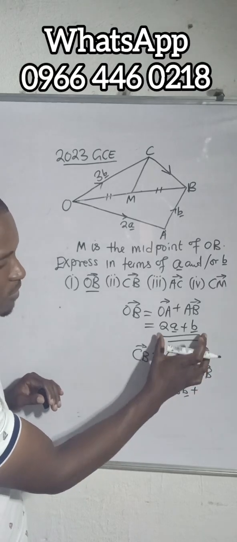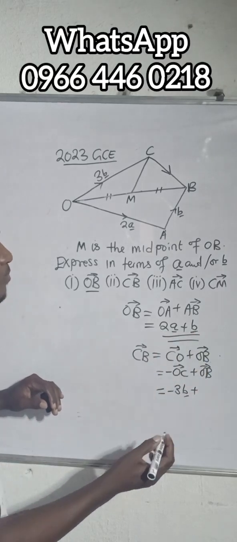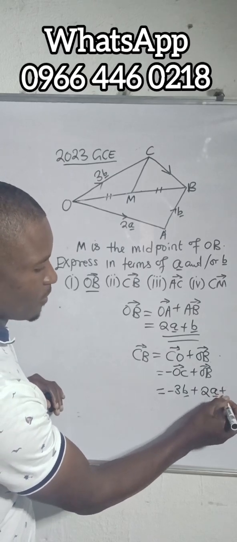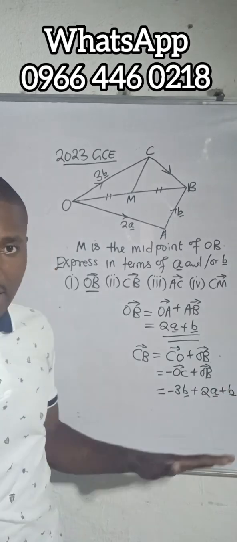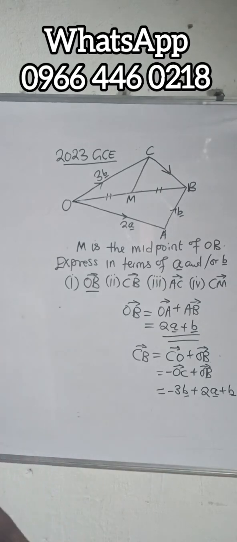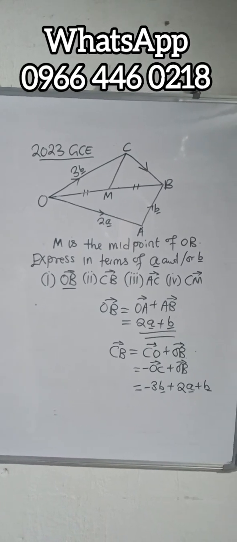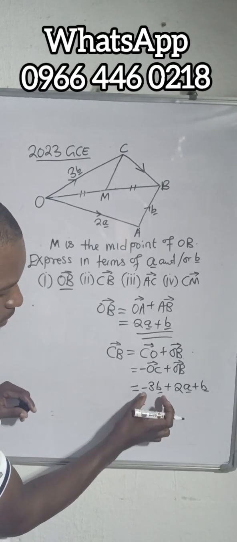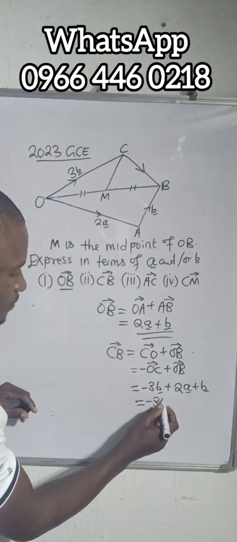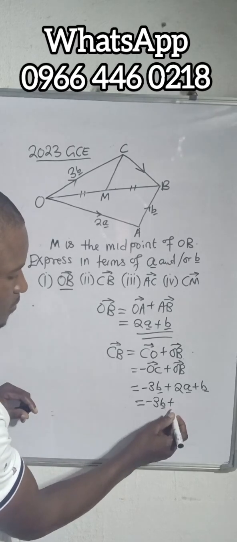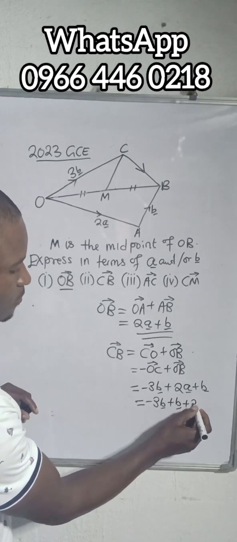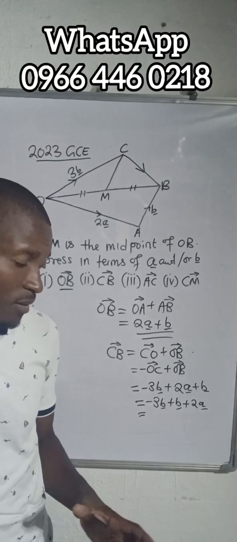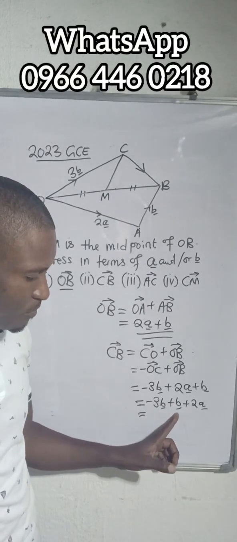Now what is vector OB? It is this part, okay? So you just put 2 vector a plus vector b. And then now you can simplify that, okay? So you have the like terms, negative 3 vector b plus b.